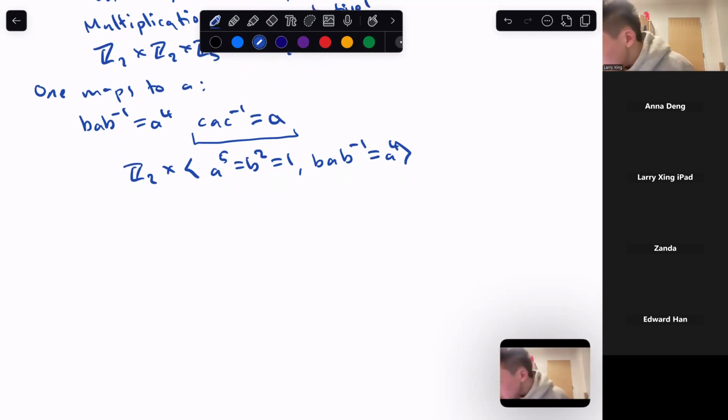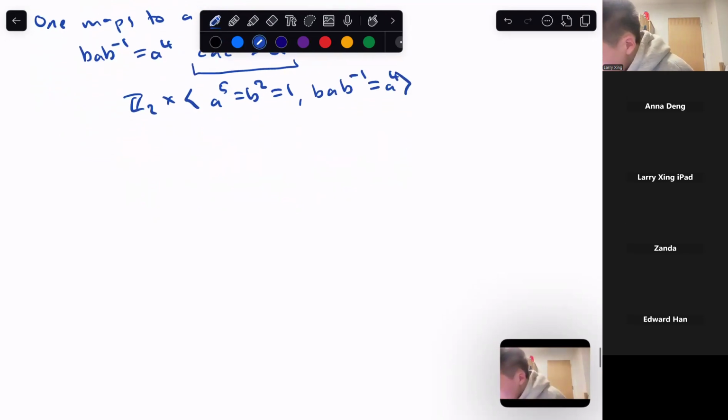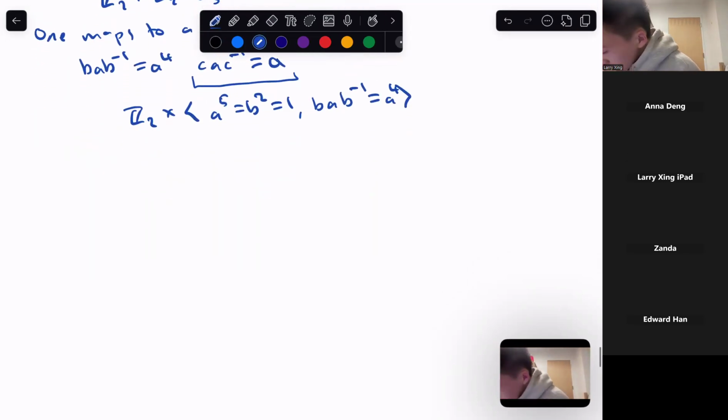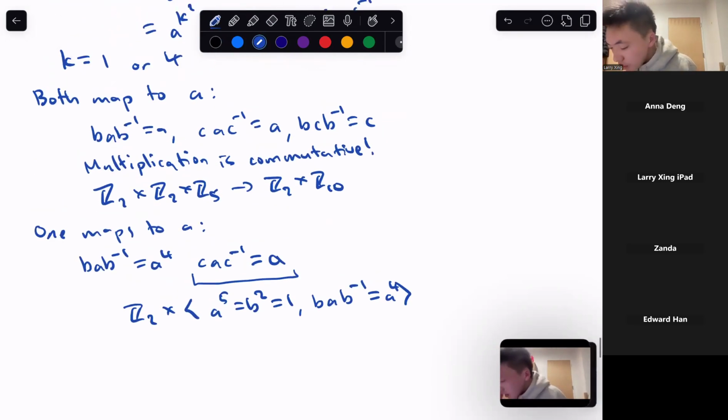And the reason for this is because C is commutative with everything else. And so that means that the operation of C must be the direct product group with the rest of the other group, and that allows us to do this. So is this group isomorphic to anything we had above?